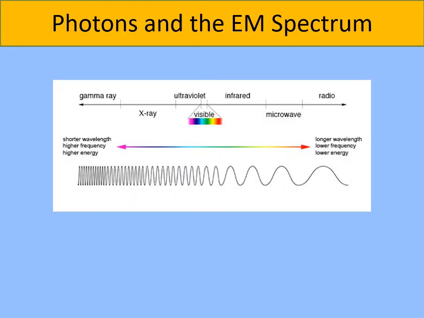Here is a picture of the electromagnetic spectrum. So we have radio waves at one end of the spectrum through to gamma rays at the other end.